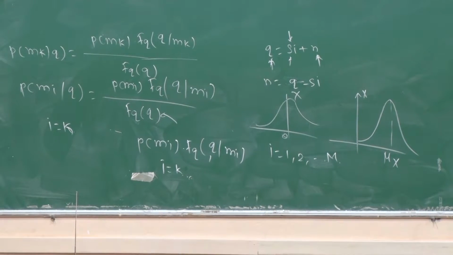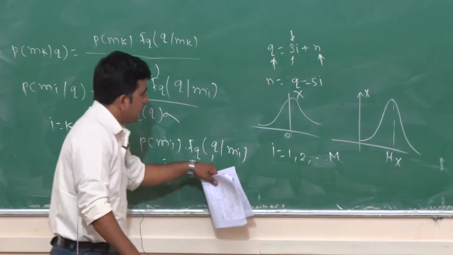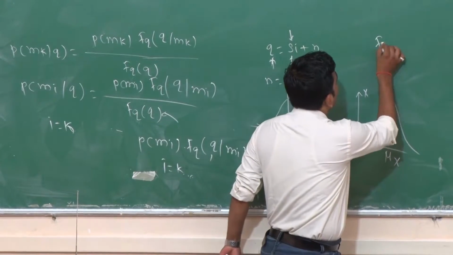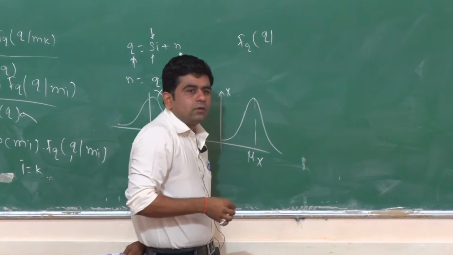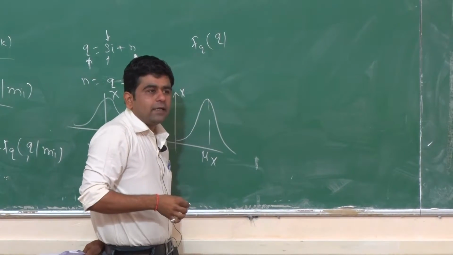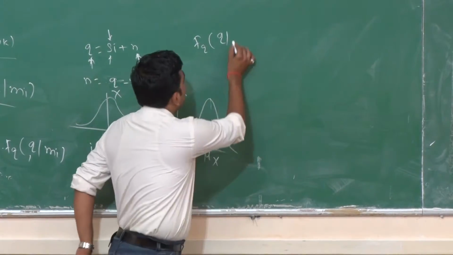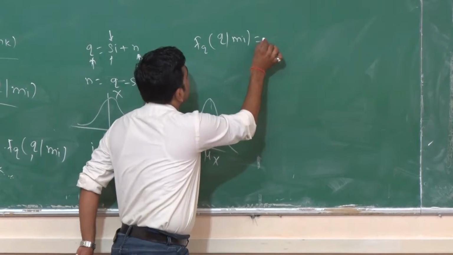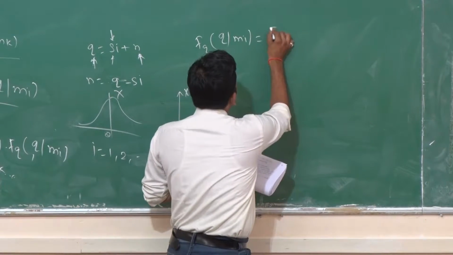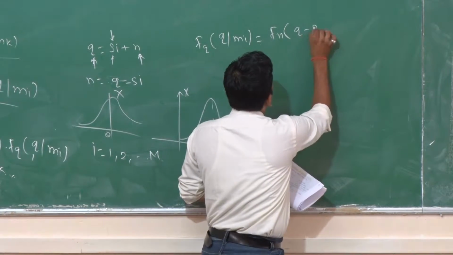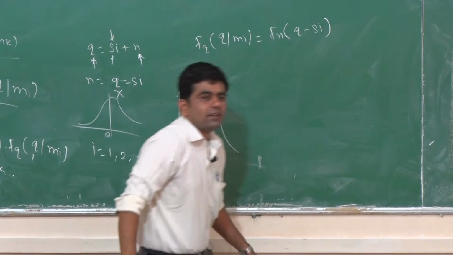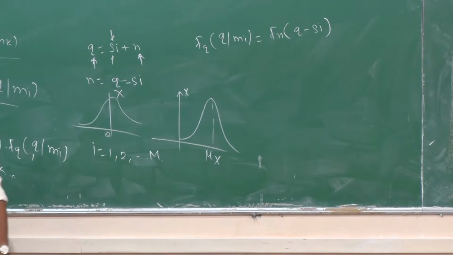Here the probability density function for q given mi is equal to the probability density function for noise at q minus si. Is it clear? Yes or no?